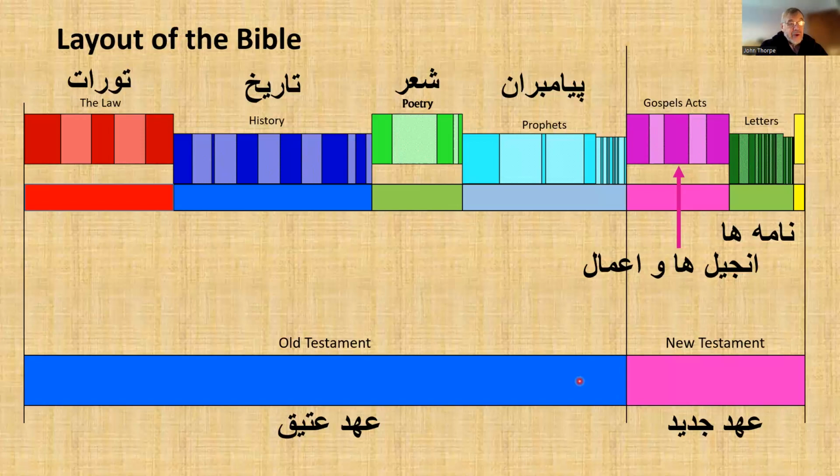It ends up with a period of history when the Persian Empire is at its height, at its most powerful.